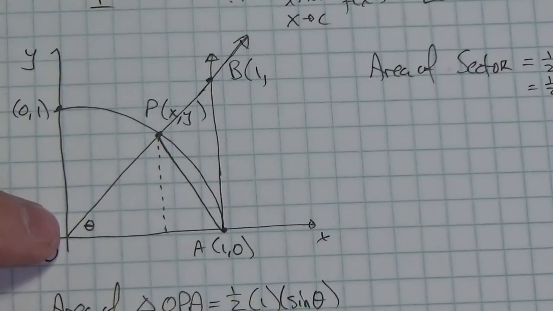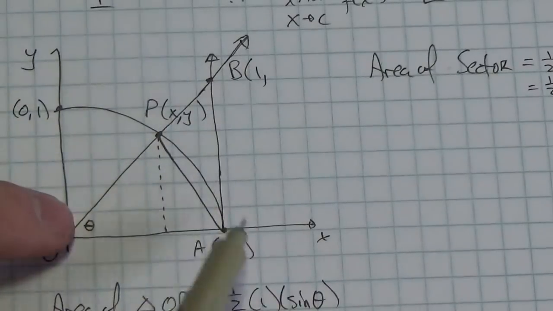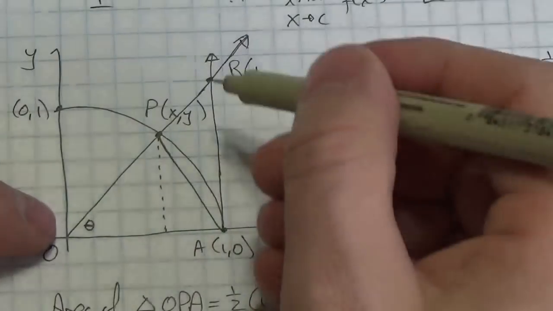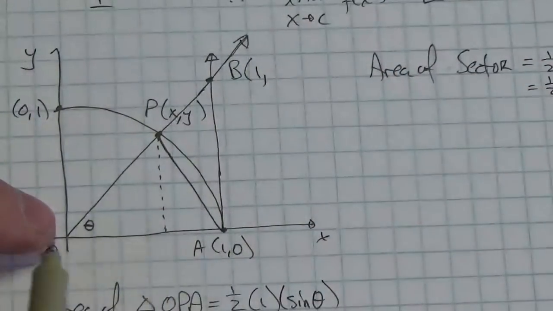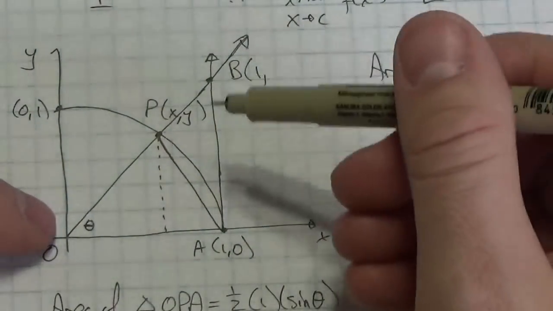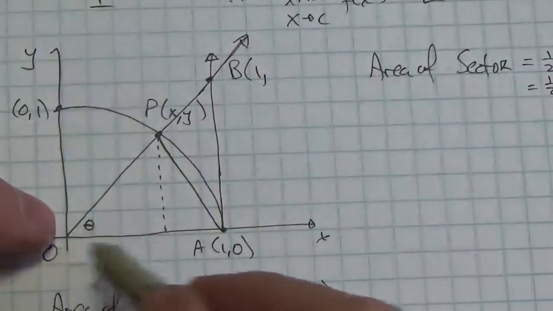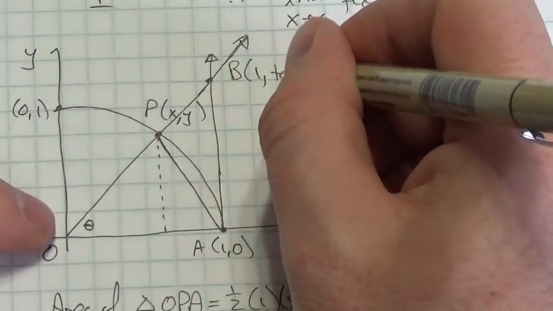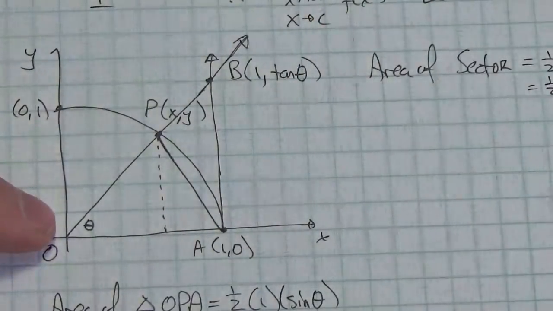I hope it doesn't take you too long to realize that these two sides relate through the tangent. The tangent is the opposite side over the adjacent side. But in this case, the adjacent side is just 1. So this is actually going to be 1 comma the tangent of theta.